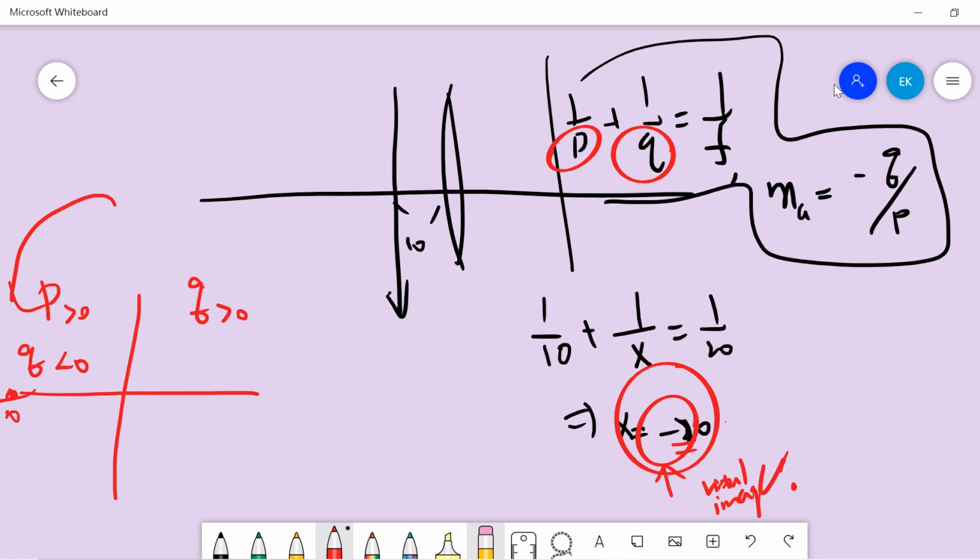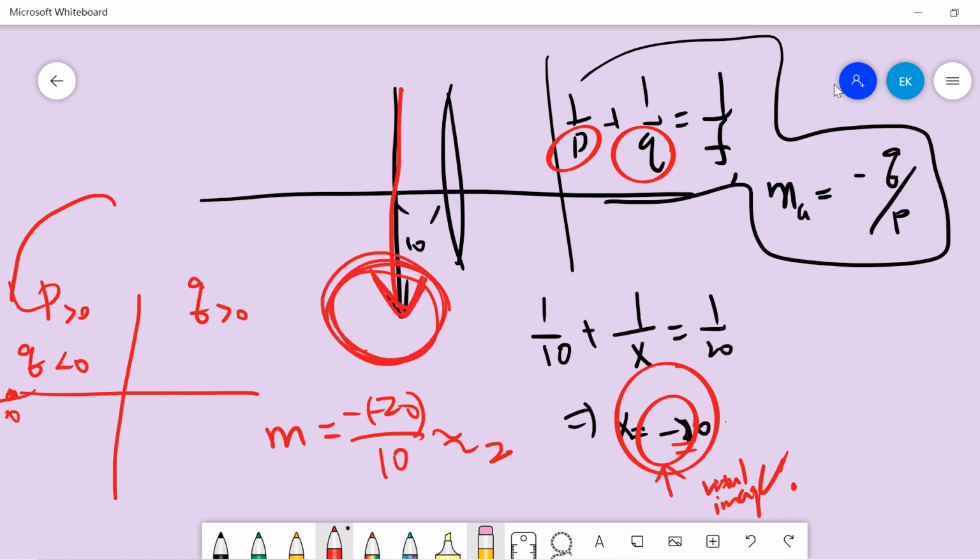Okay, so you solve it. Basically, it's a virtual image, and you see there's an m. So your m is minus 20 divided by 10, which is 2. Right. So that means if the original object looks like this, then this one should look like this.